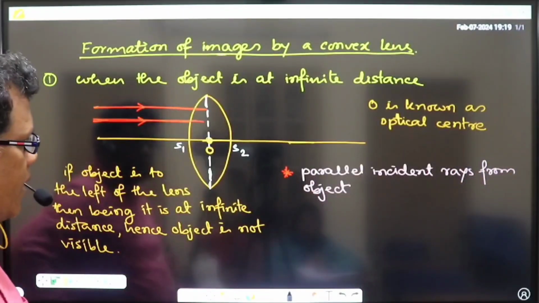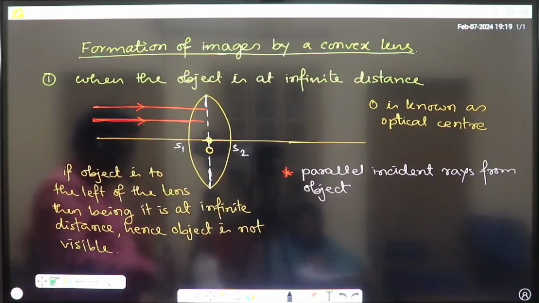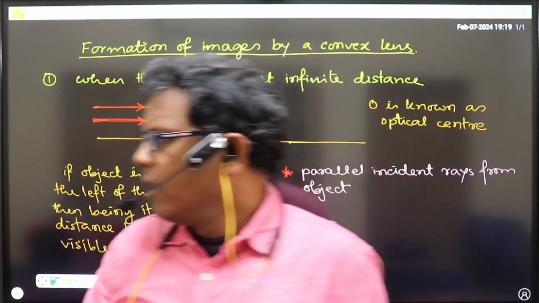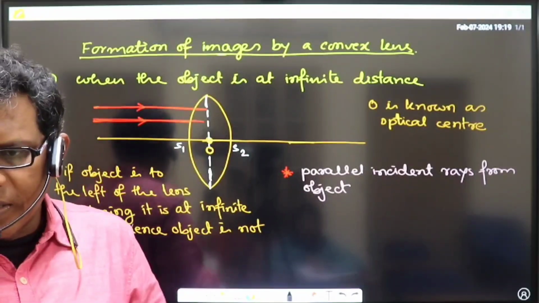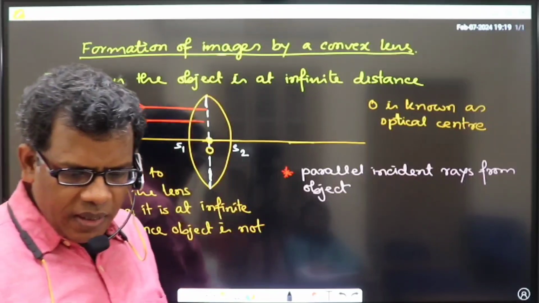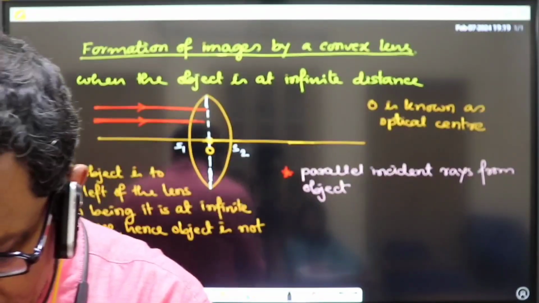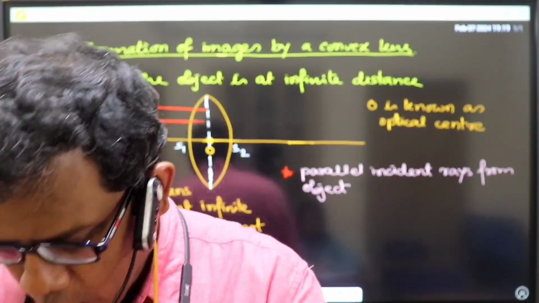What I was trying to say, and why I have specifically written this statement, is that in most cases you have seen a discussion relating to reflection or refraction. In all the diagrams we have done relating to mirror cases and refraction cases, everywhere I have shown an object position.